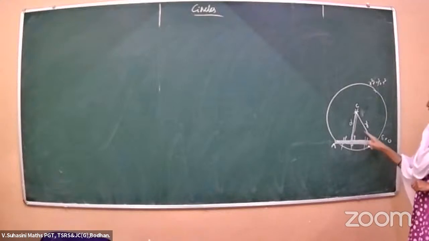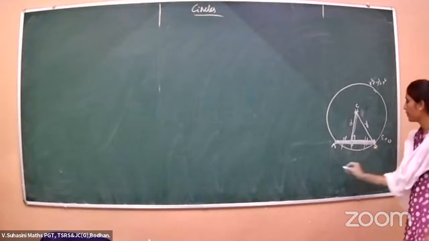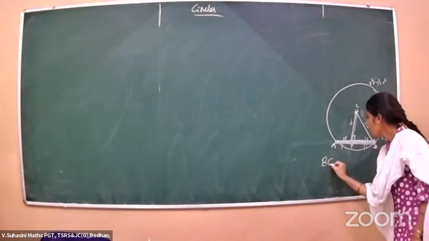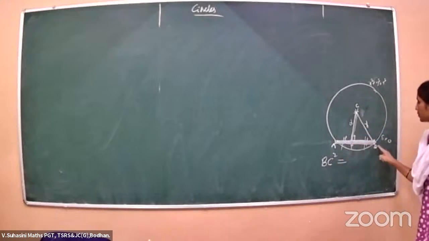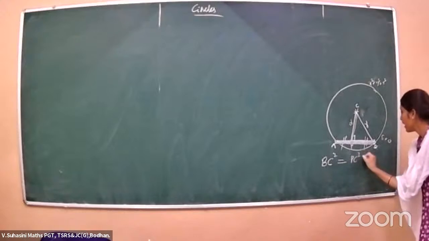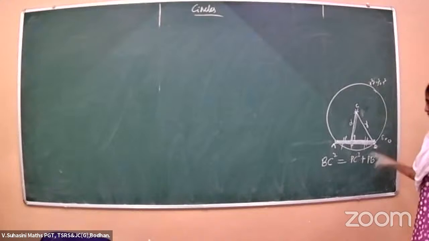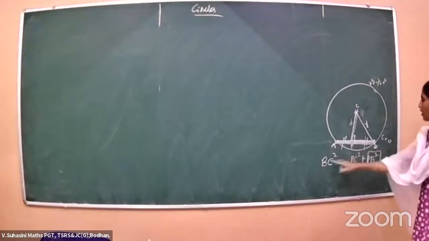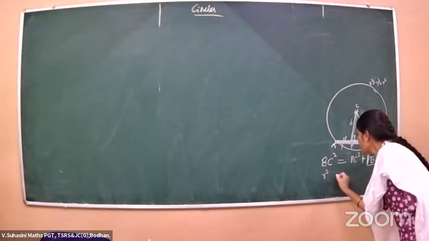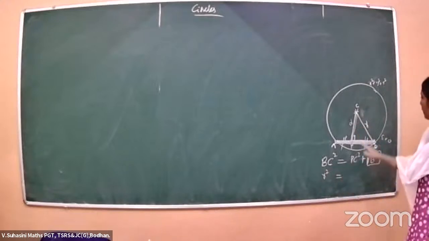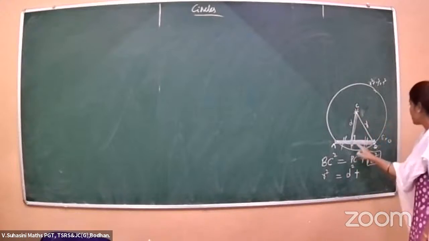How? Observe, children, it is a right triangle at P. So CB will be the hypotenuse. So square of the hypotenuse is equal to the sum of the squares of the other two sides: PC square plus PB square. You need PB square. What is BC square, children? If you observe in the figure, it is the radius. So r square is equal to PC square, which is d square, plus PB square.